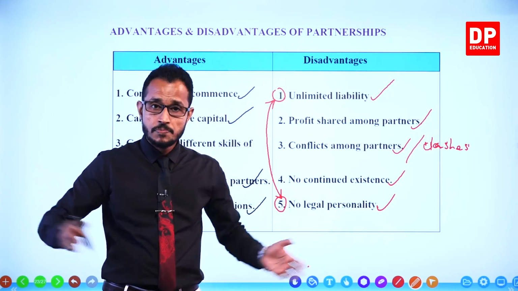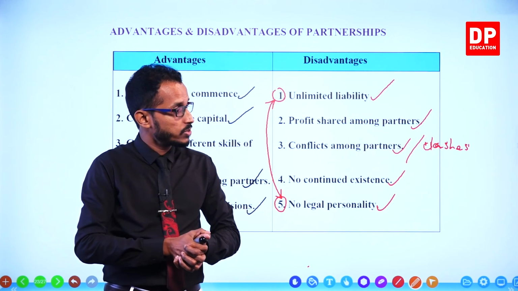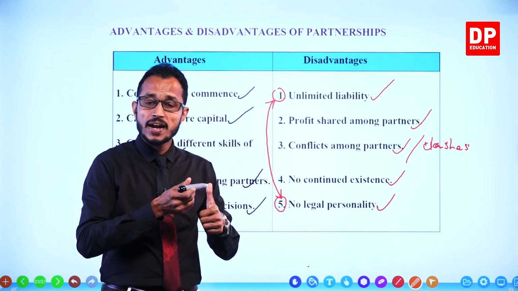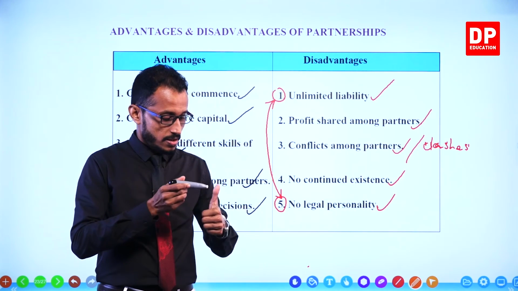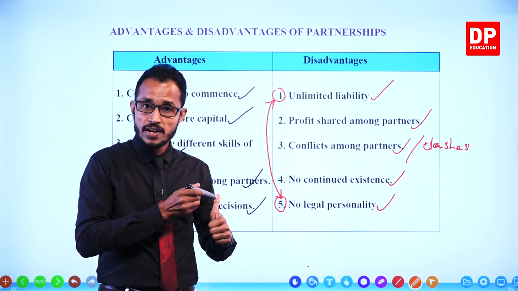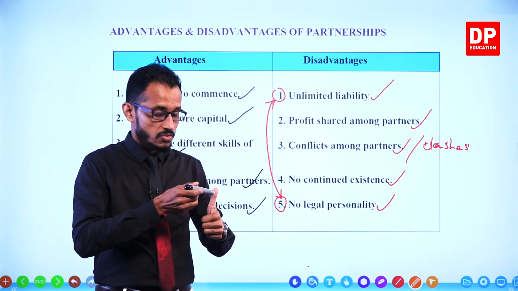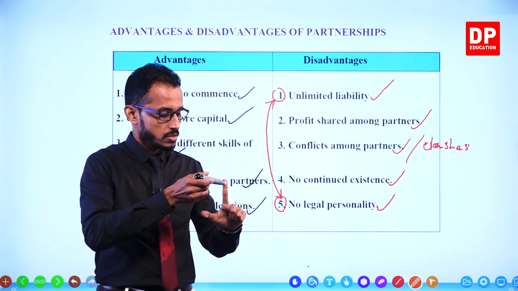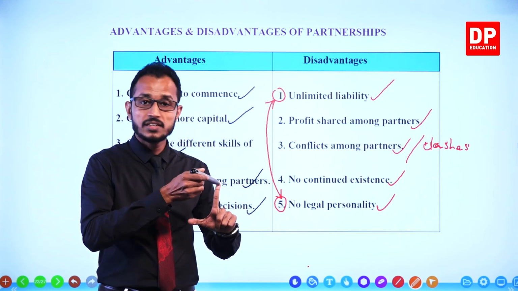With that, children, we wind up today's session. We talked about sole proprietorships and partnership businesses, features of sole proprietorships and features of partnerships, disadvantages and advantages of partnerships.